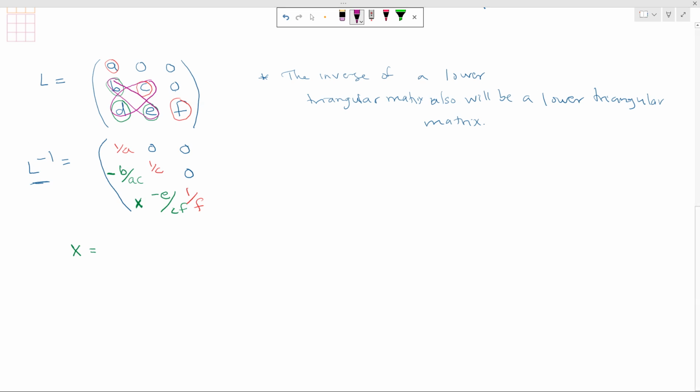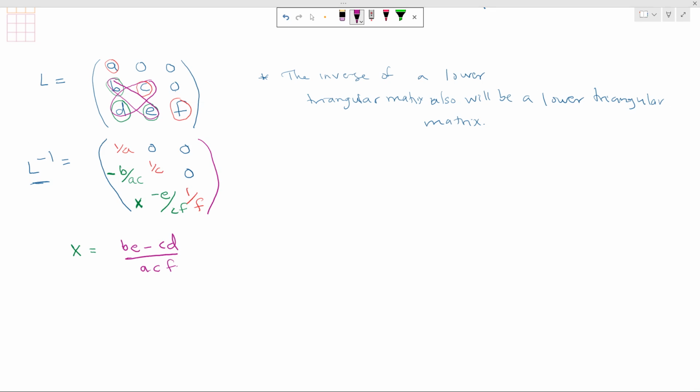So BE minus CD divided by the multiplication of the diagonal entries, so that will be ACF, right? So using this formula you can easily find the inverse of this lower triangular matrix.